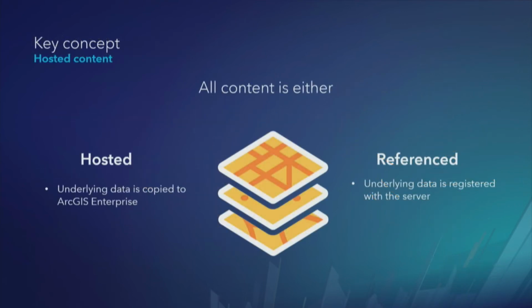But speaking of data, there's an important concept to keep in mind within ArcGIS Enterprise, and it's this idea of hosted content or referenced content. Hosted content we've talked about a lot today. It's data that's copied to the server either because someone brought it in or because they ran analysis. And referenced data is what you're all familiar with today. It's what's living in your enterprise geodatabases.